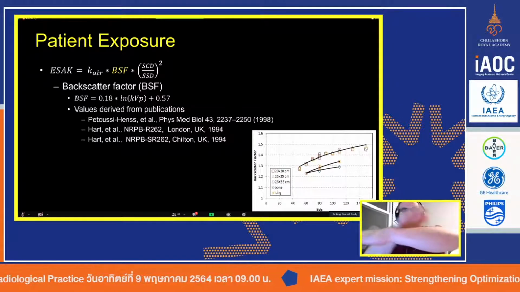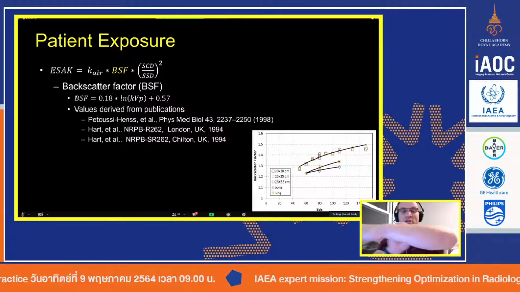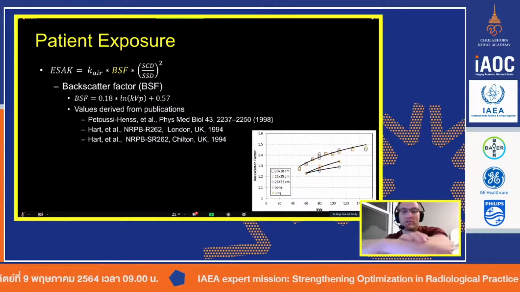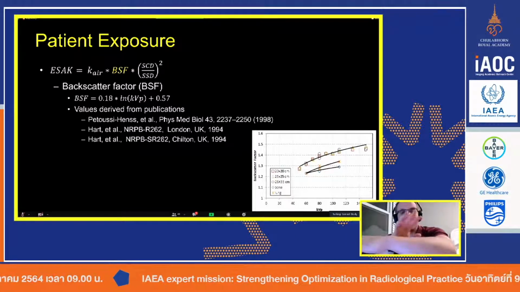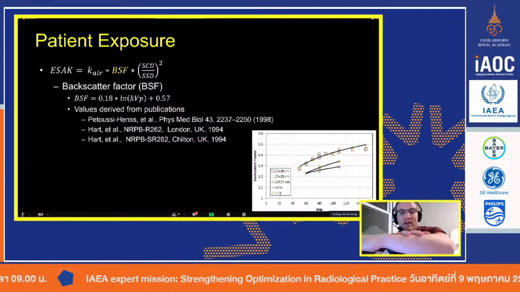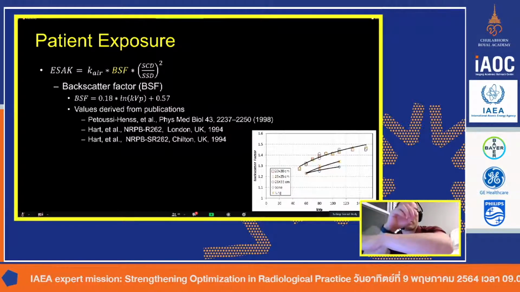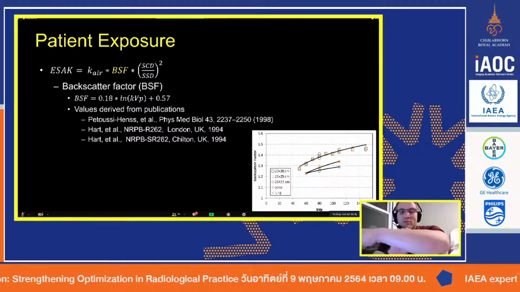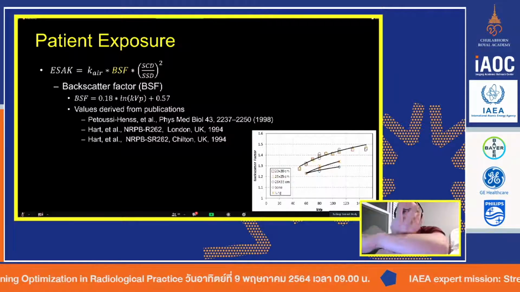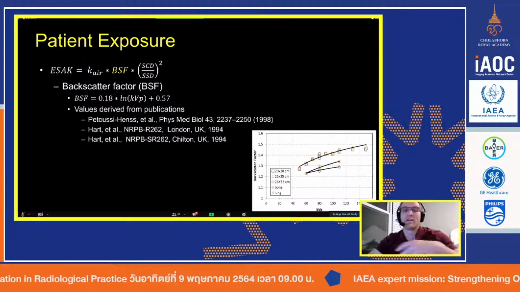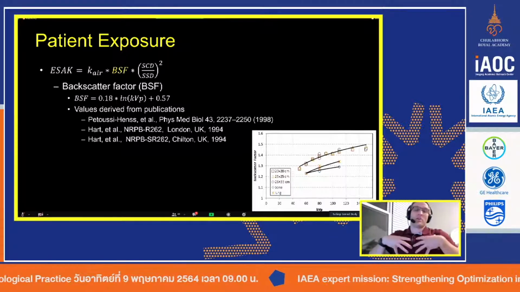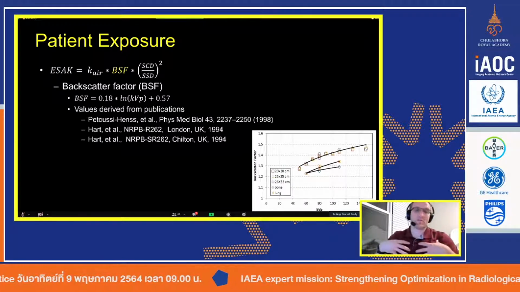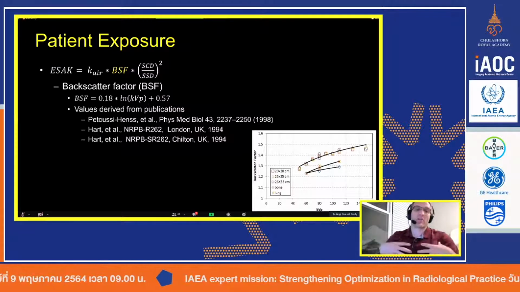So if you're imaging an extremity, you have bone fairly close to the surface. So you're going to have a different scatter factor than when you're imaging through skin and muscle, but with bone that's fairly close, you'll just get more scatter. And conversely, when you image, say, the lungs or the chest, you have a big air pocket.